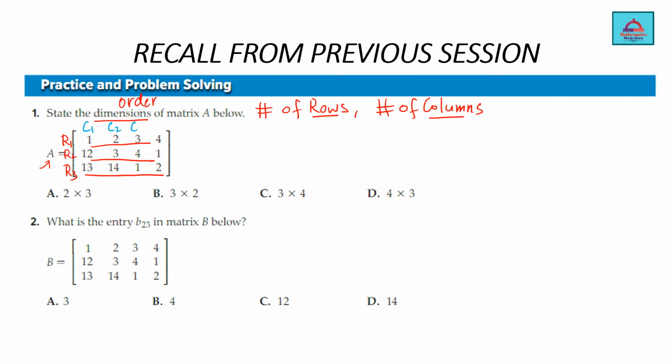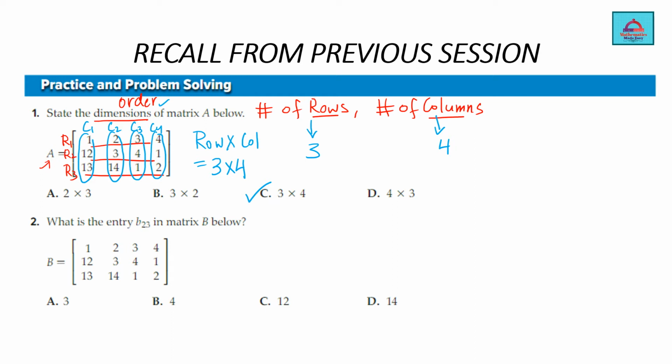C1, C2, C3, C4. So there are 4 columns. This is the first one, second one, third one, and fourth one. So the number of rows is 3, and the number of columns is 4. And how do we write the order of dimensions? First you write the number of rows, multiplied with the number of columns. So it will be 3 cross 4. So your answer is C.